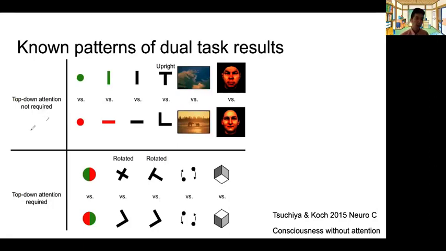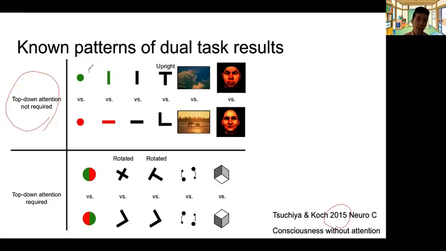So the top row here is the combination of discriminations that do not require attention. But at the time of the review in 2015, none of these conditions was measured with metacognition. So we do not know 100% sure whether they are consciously perceived or just non-consciously performed above chance.